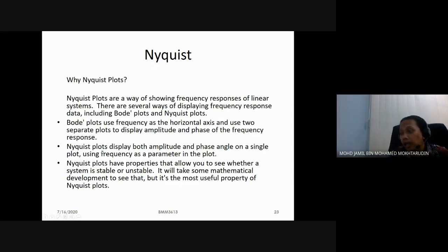But in Nyquist, basically it plots both amplitude or magnitude and phase angle on a single plot, using frequency as the parameter in the plot. So it's simple, meaning that you don't have to plot two separate plots like Bode plot. But Nyquist, you only plot one plot that displays both amplitude and angle in the same plot.